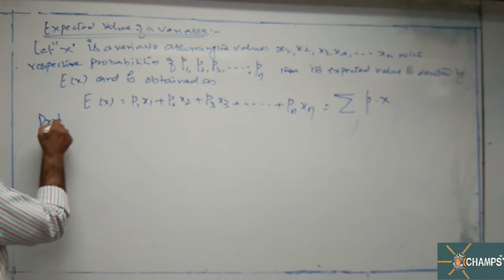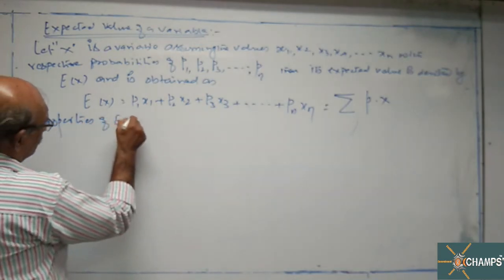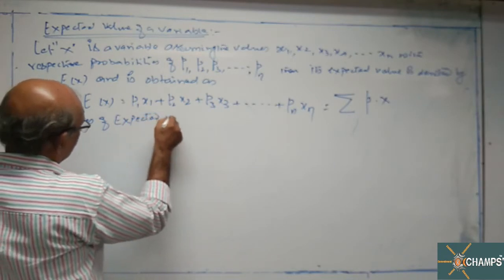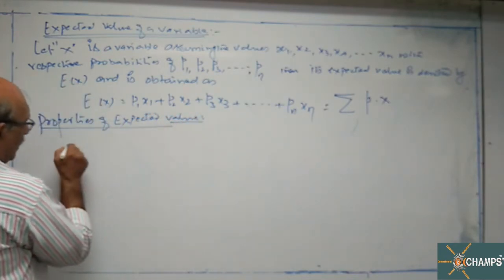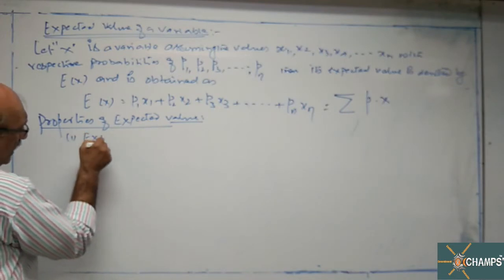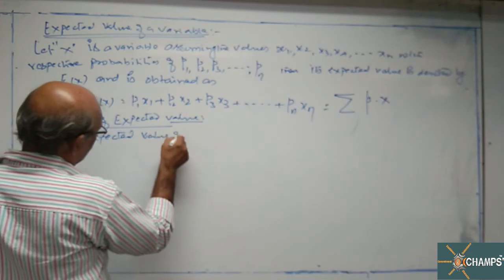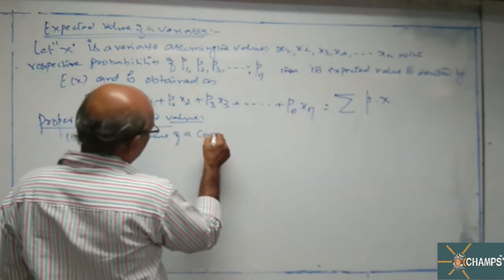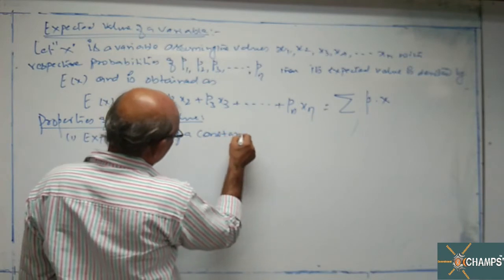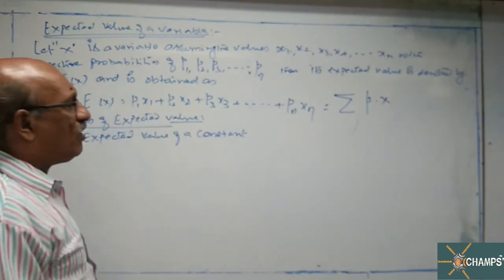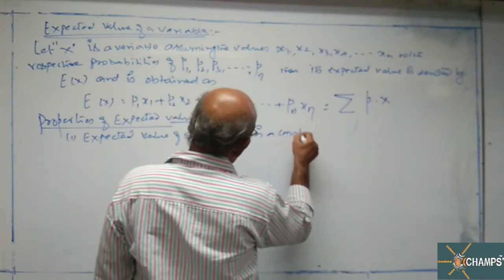Properties of expected values. First one is expected value of a constant. Expected value of a constant is a constant.